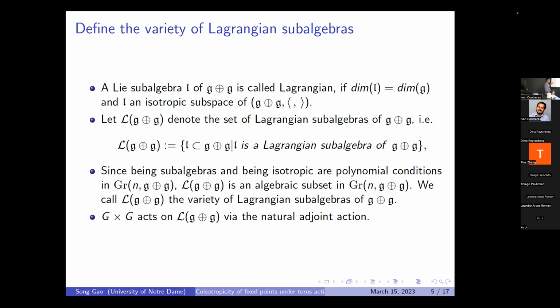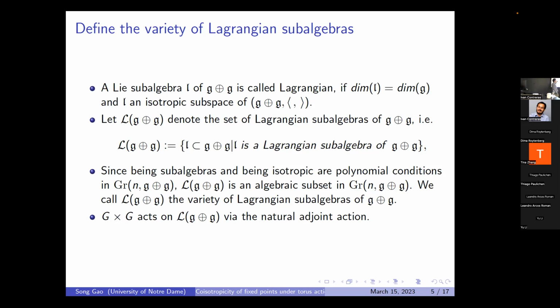Since being subalgebras and being isotropic are polynomial conditions, firstly notice that this is a subset inside the Grassmannian. Since these conditions are algebraic conditions, the variety L is an algebraic closed subset in the Grassmannian.